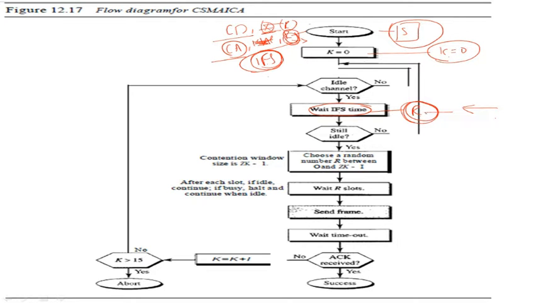I want to send from here to here, but the receiver station may also be taking data from some station in this wireless networking media. That means this receiver station is not idle. So here we are checking the channel, and also the idleness of the receiver station. If the receiver station is not taking data from any other station in this wireless media, and is identified as idle, then this source station is going to send the data to the receiver station.